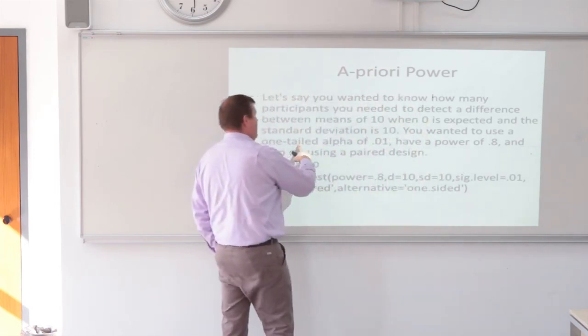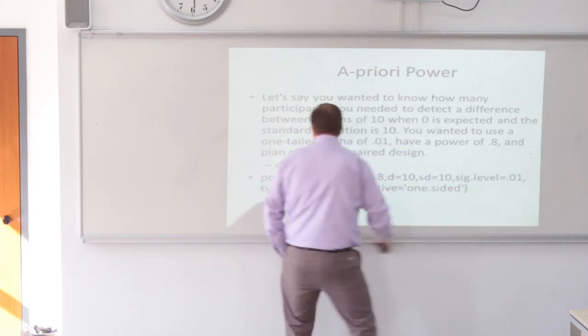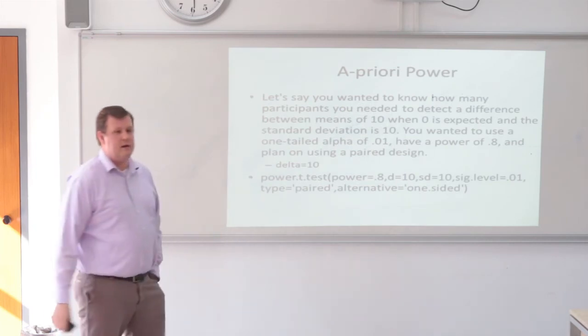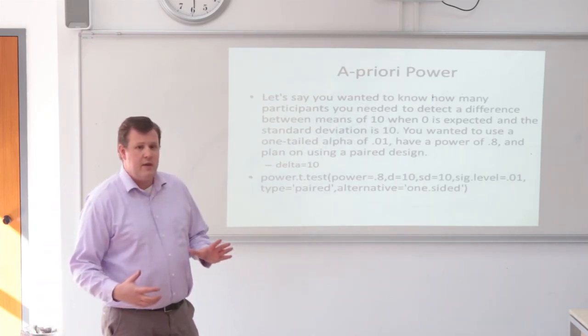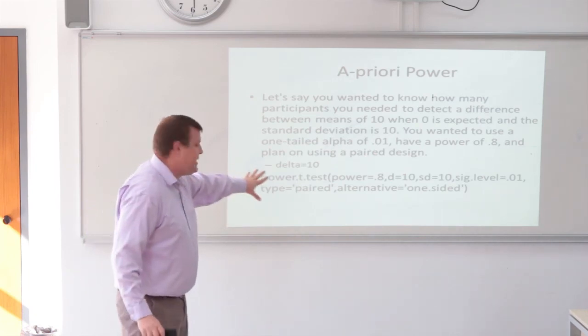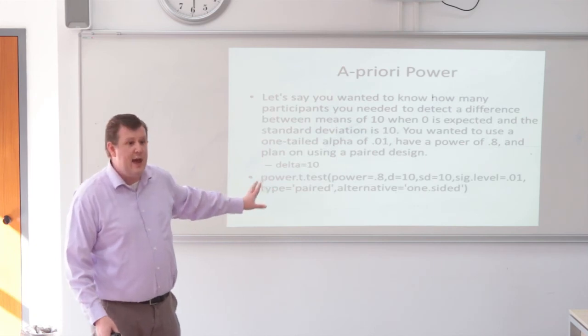You want to use a one-tailed alpha of 0.01. You have a power of 0.8 and plan on using a paired design. So I've given you enough information to specify a power.t-test. I've given you everything basically except for the n, right?